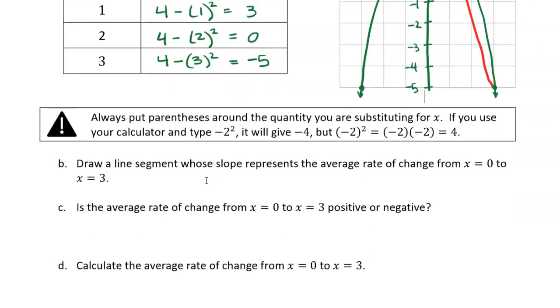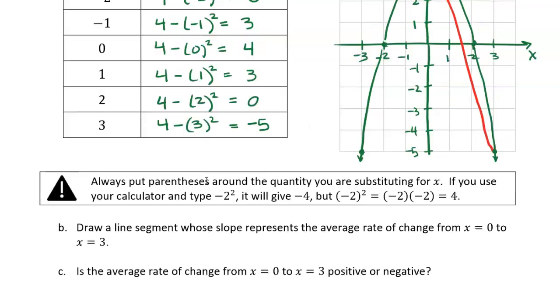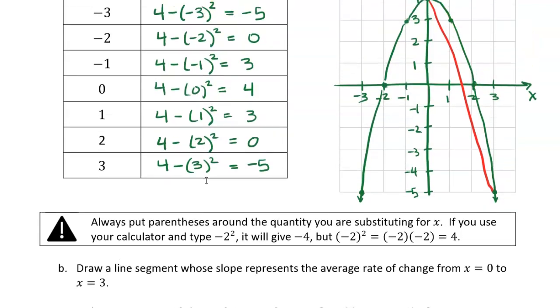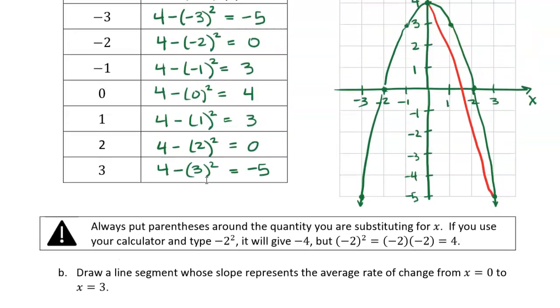Then it's asking, is the average rate of change from 0 to 3 positive or negative? The average rate of change is the same as the slope of that line segment. If you look at the rise over run of that line segment, to go from 0, 4 to 3, negative 5, you go down by 9 and over by 3.